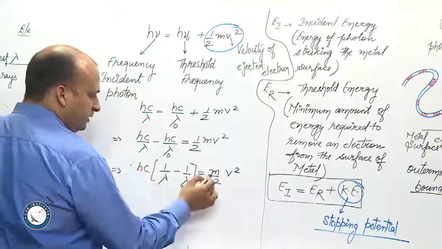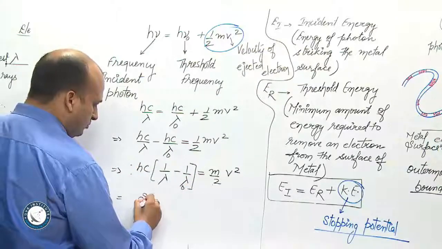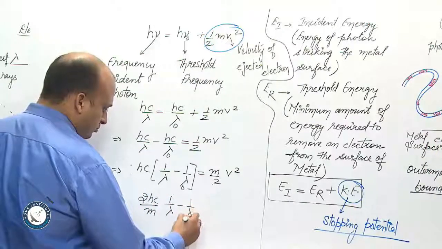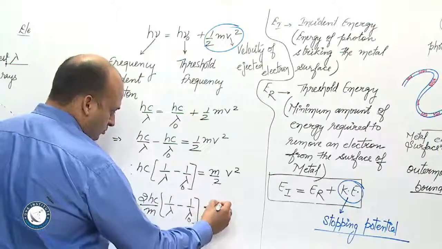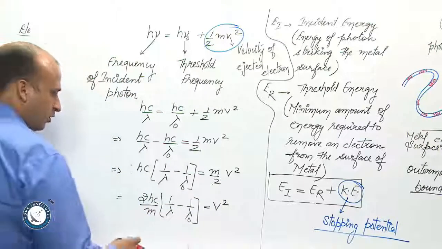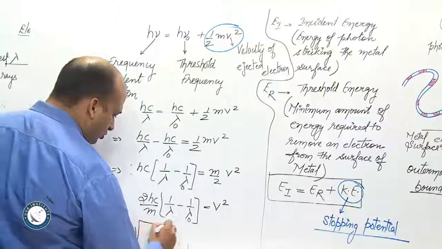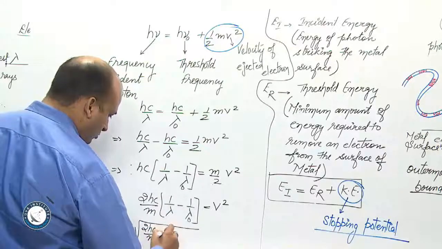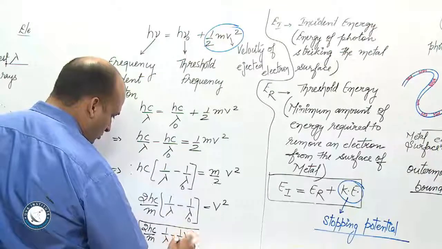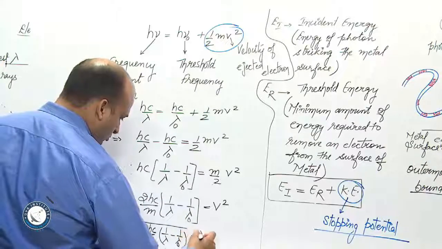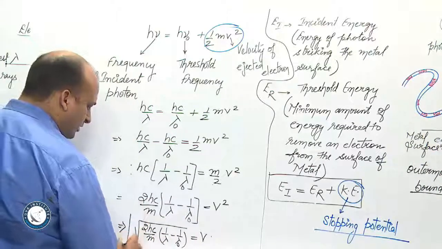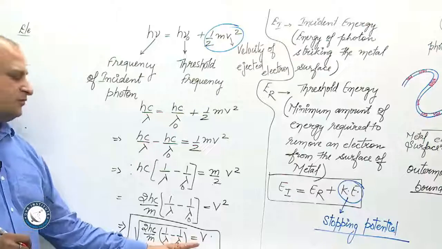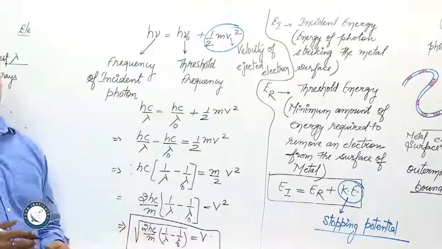Now 2 goes in the numerator, m comes in the denominator, v square. Or simply I can say square root of this. This was the expression asked in the exams.